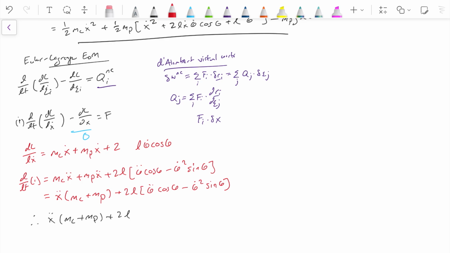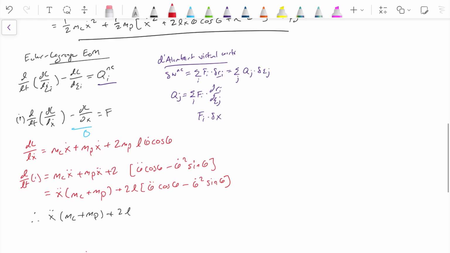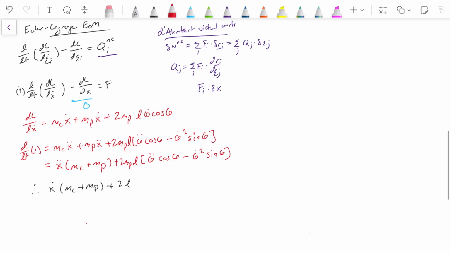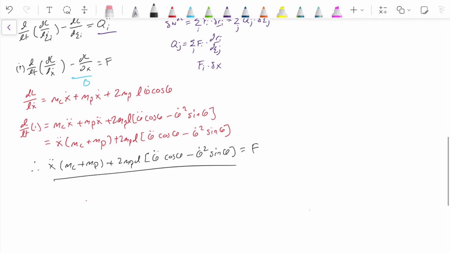So this is 2, and then this is MP. I forgot to carry the MP through. And this is 2 MPL, and then this is 2 MPL. There we are. Okay, so 2 MPL theta double dot cosine theta minus theta dot squared sine theta is all equal to F. So that's kind of like our F equals MA.